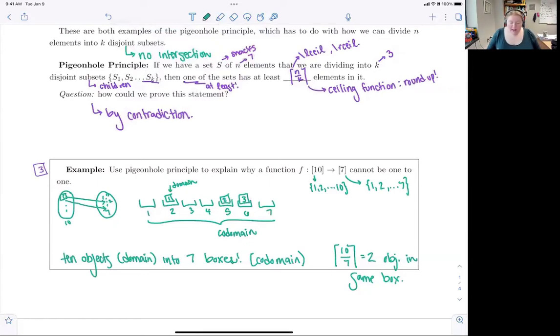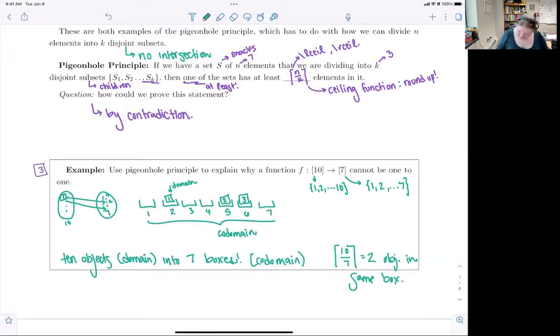Now, as we read that, we have to reinterpret it back to the point of the question. 2 objects in the same box means that 2 domain elements get put into the same codomain box. That means that 2 inputs have to go to the same output, which means this function can't be 1-to-1.